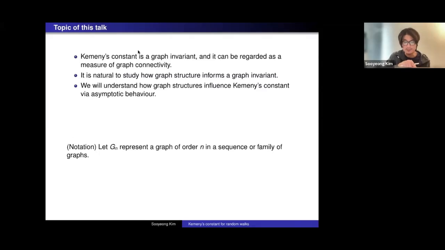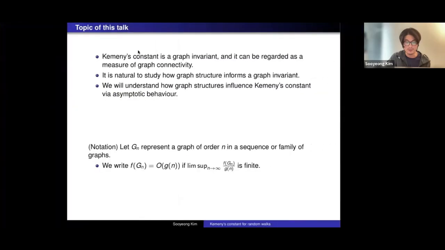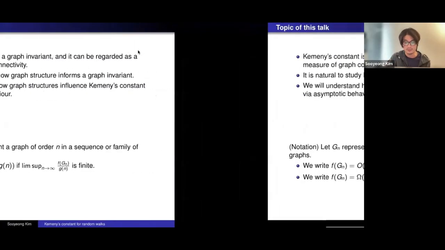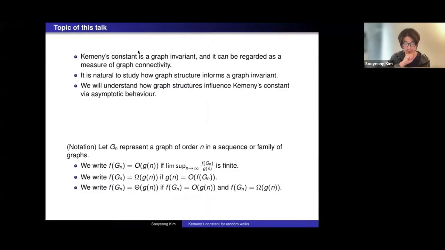So for that, let me introduce some notation. We are going to consider G_n, which is a sequence or family of graphs, where n represents the number of vertices. Then we are going to use big O notation, big omega notation, and big theta notation. Simply speaking, big O notation means when you have a function f, if it's bounded above by your function g for large enough n, then this is big O notation.